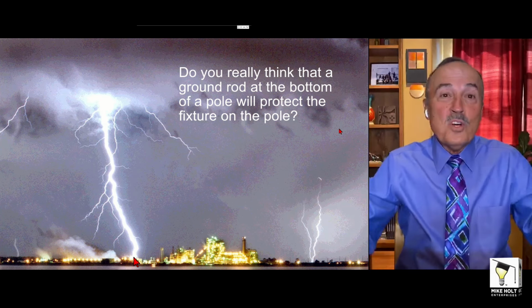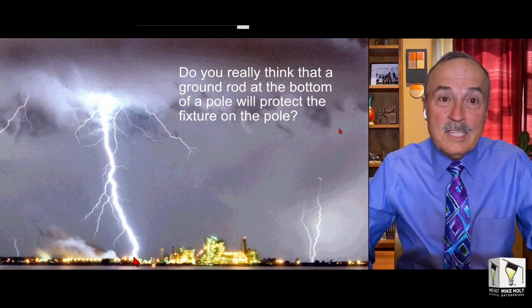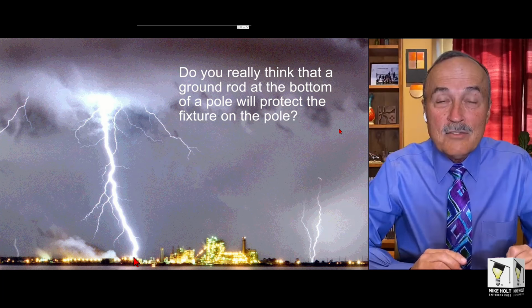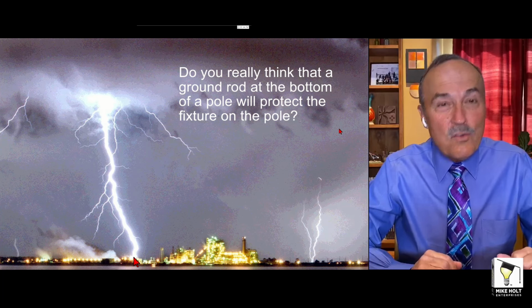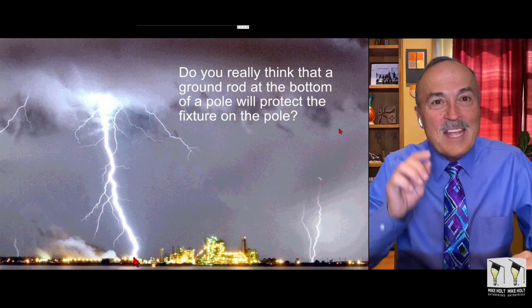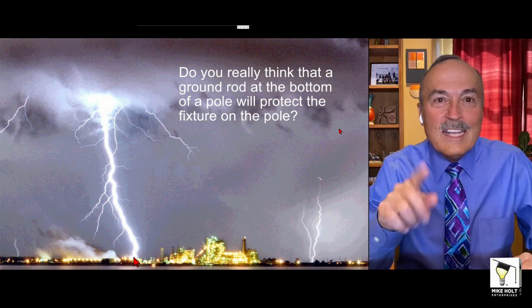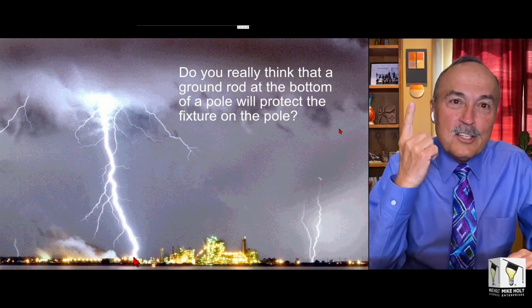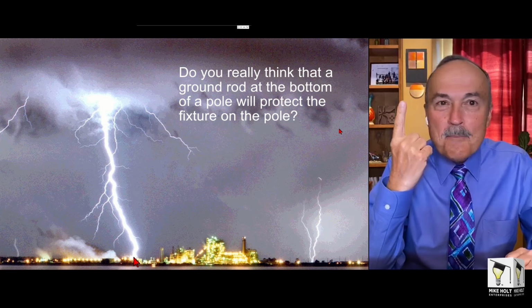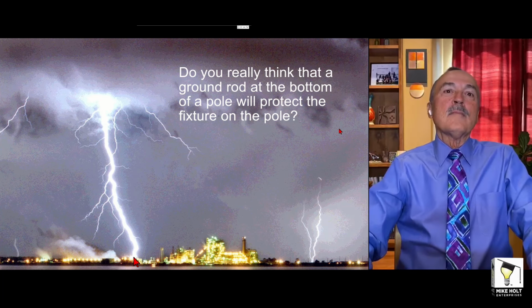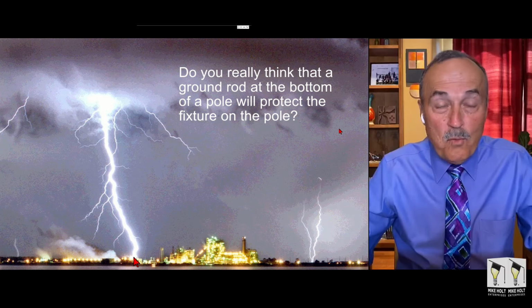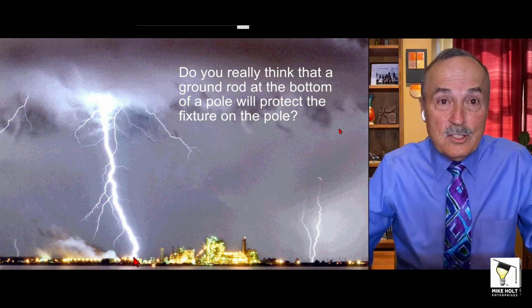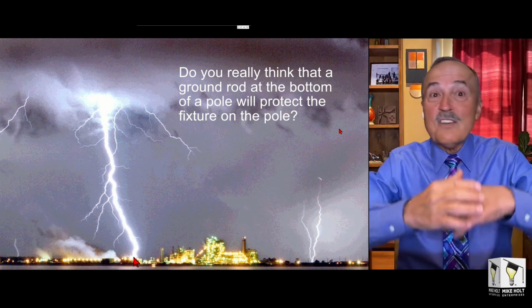Who knows what it did inside the house, in the building, as it collapsed on top of that electrically. Do you really think a ground rod at the bottom of a pole is going to protect that cute little LED fixture on the top of the pole? Come on, guys. Okay, Mike, we didn't have LED fixtures before. Okay, HID fixtures, high pressure sodium fixtures, do you really think so?